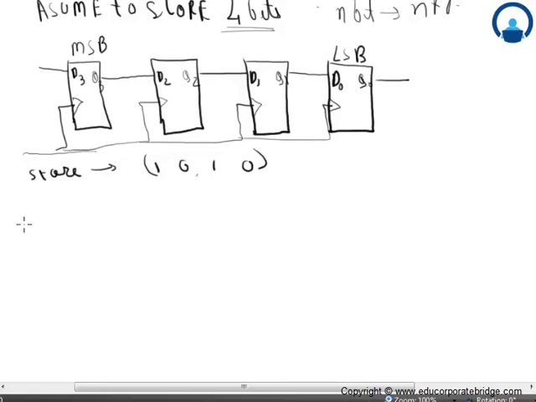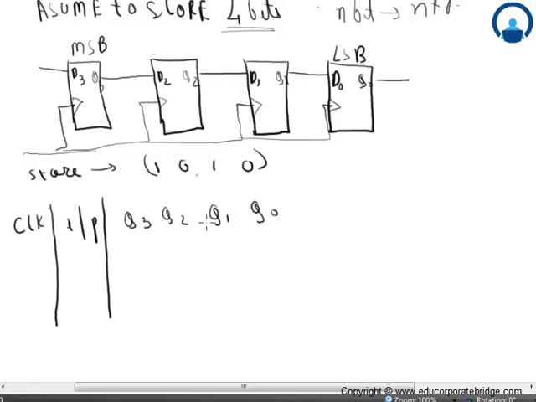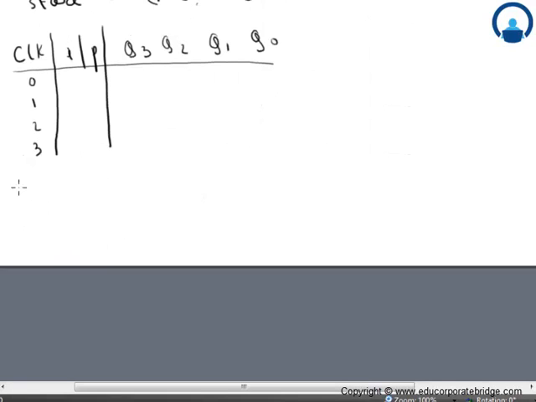Let's take the clock, the input, and the flip-flops Q3, Q2, Q1, Q0. Say the clock pulses are 0, 1, 2, 3, 4, 5, 6. Let us initially work till the 4th. Okay, let's start the clock pulses.